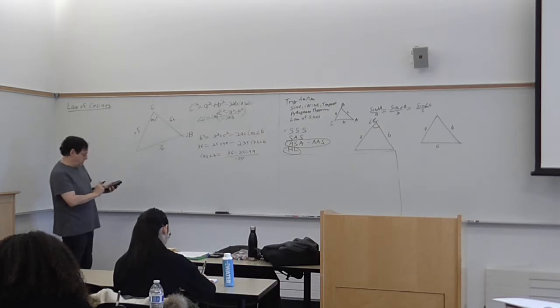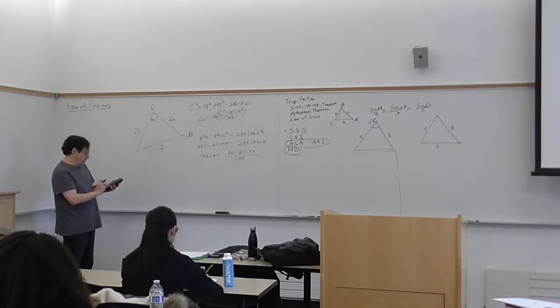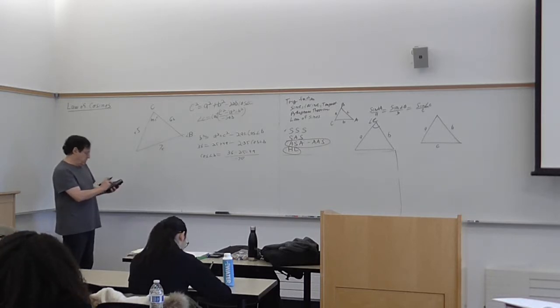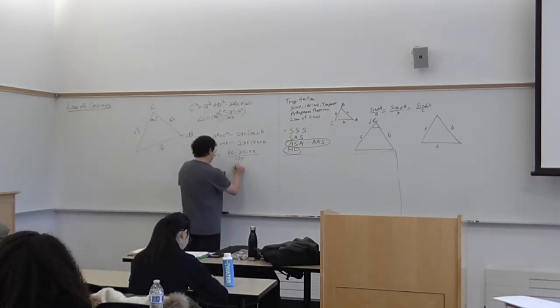So, cosine inverse of 36 minus 25 minus 49 divided by minus 70. I forgot I needed an extra parentheses. We get 57.1.